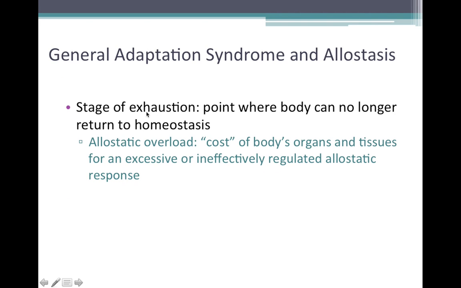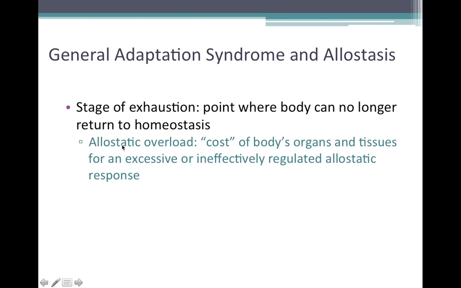So if you overload your ability to return to homeostasis, that can lead to this exhaustion stage. And exhaustion can occur both acute or chronic. Typically, it's going to be more of a chronic effective stress on the body, but it's the point where the body can no longer return to homeostasis.